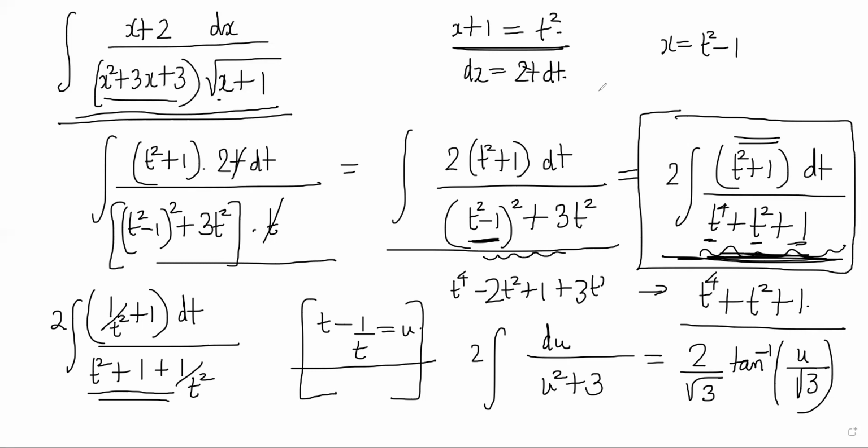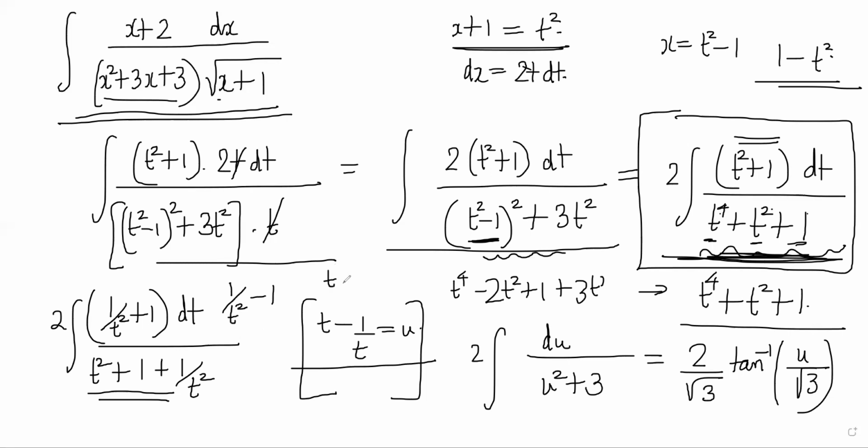Dividing by x square and dividing by t square is a common thing. You should check that always. If there are high powers, 4, 2, 1 and all, dividing should reduce the integral and make it look nicer. And also if there is 1 plus t square on top or 1 minus t square on top, dividing by t square many times will work, because even if it was 1 minus t square on top, I would have gotten 1 by t square minus 1, right?